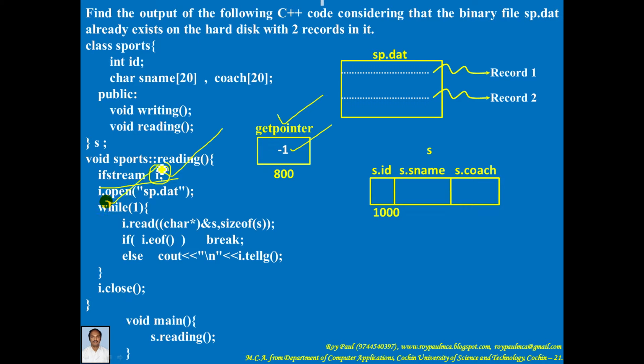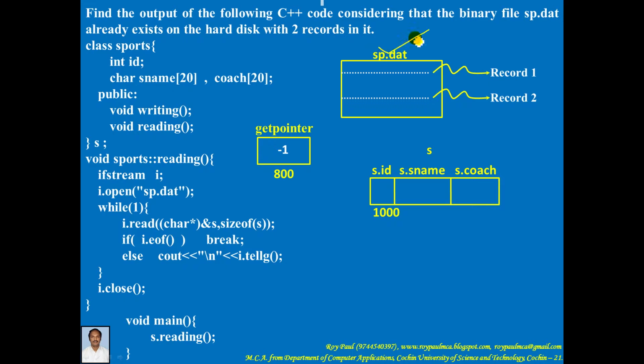After this the control comes here. Along with ifstream, if the second argument is missing, by default it is ios::in, for reading purpose. So this open function opens this file for reading purpose.